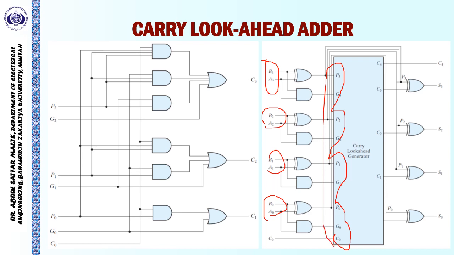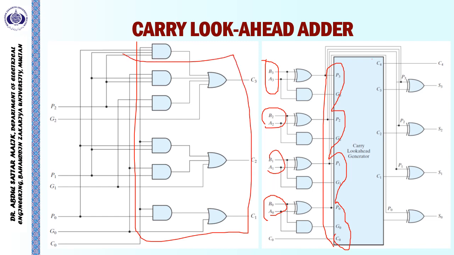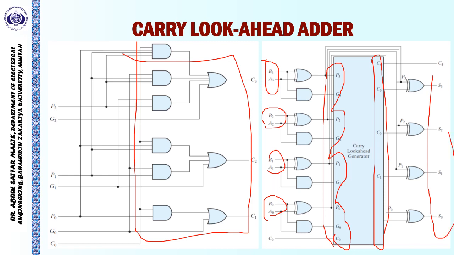These Gi's and Pi's will be applied to this particular circuit, and we will have the carries at the same time. And this carry exclusive OR with the Pi's will give us the required sum, and obviously we can have the next carry as well.